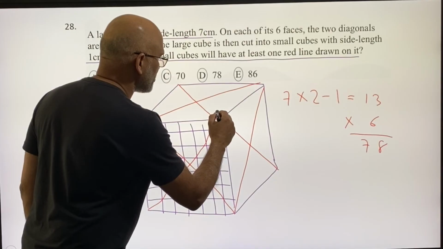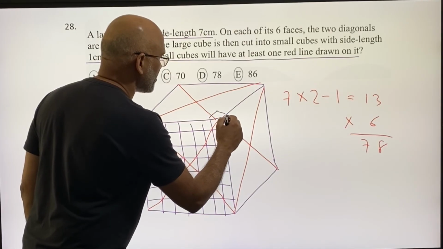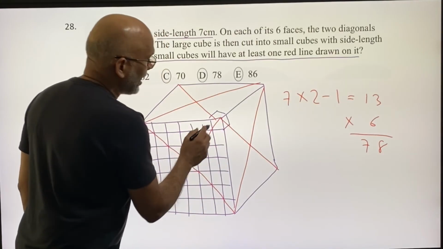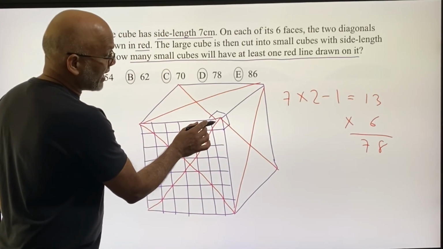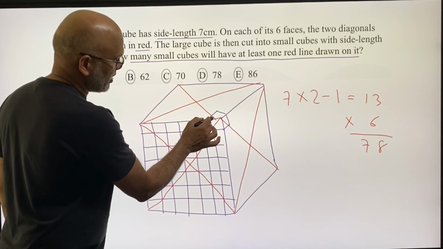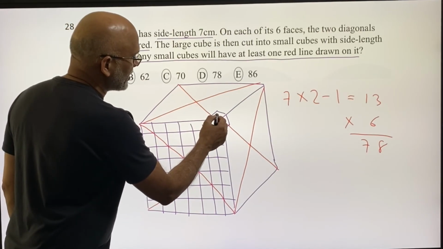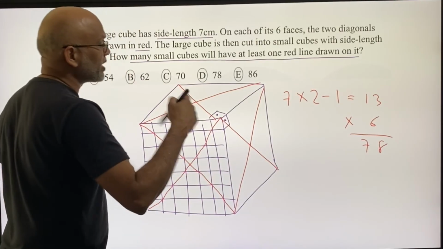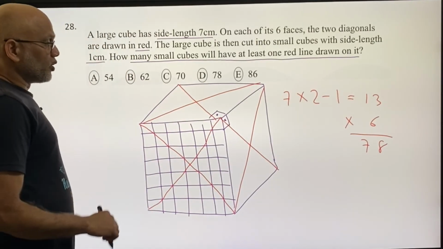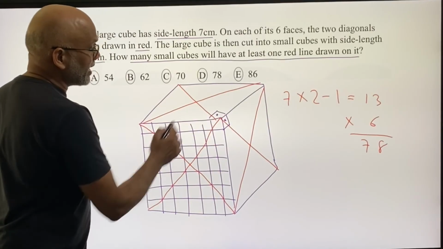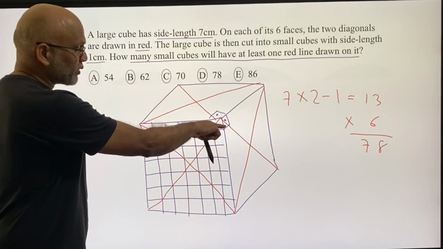So this corner cube here, I should count only one time, because this is the same cube. There are 3 lines on it, but it's the same cube. So I'm counting it twice more than I should. So this should count as 1, but this counted as 3 times. So I have to subtract 2 times from here.